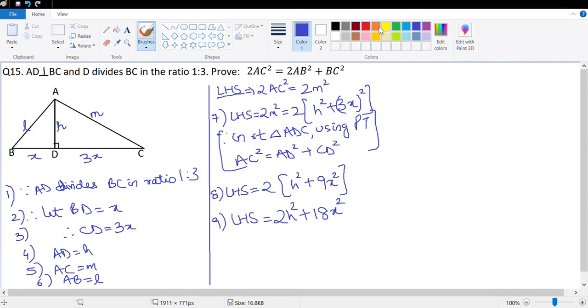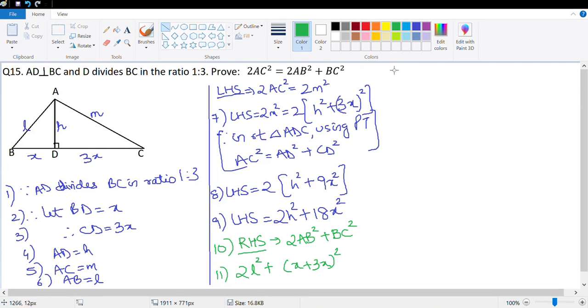Let's see if we can reduce the right hand side also to the same thing. So let's work with the right hand side now. So right hand side is 2AB square plus BC square. AB is L, so this is 2L square plus BC is X plus 3X whole square.